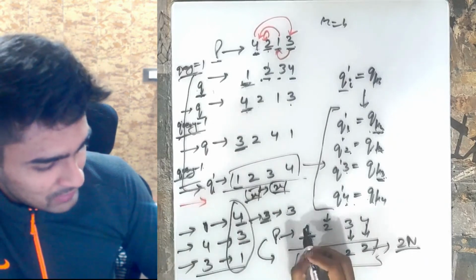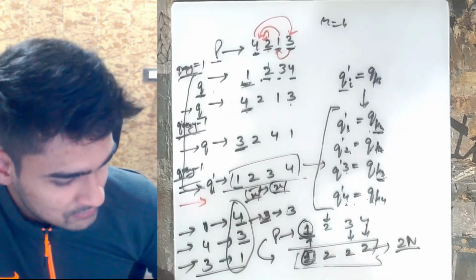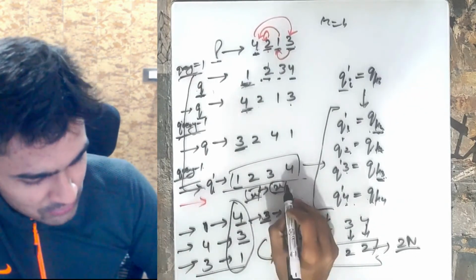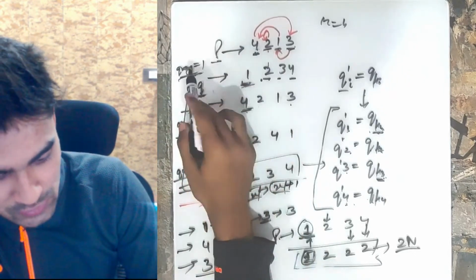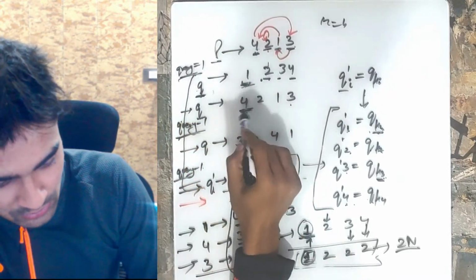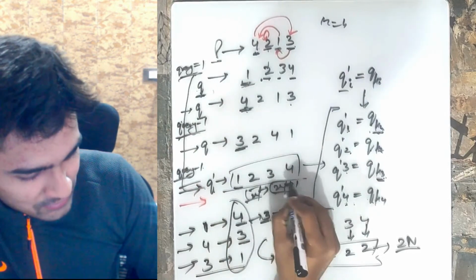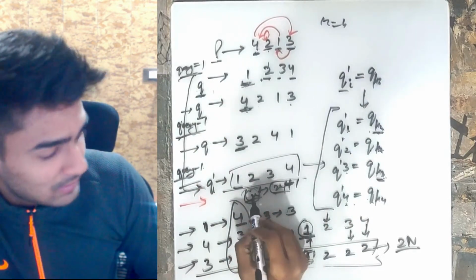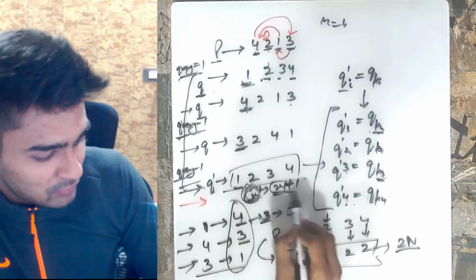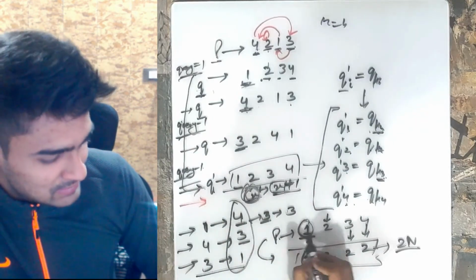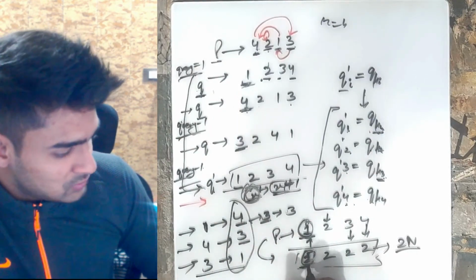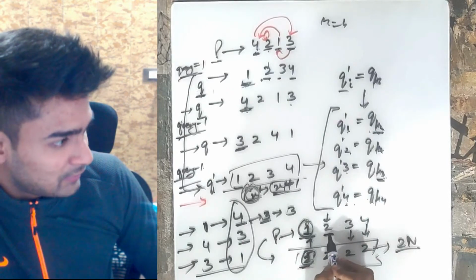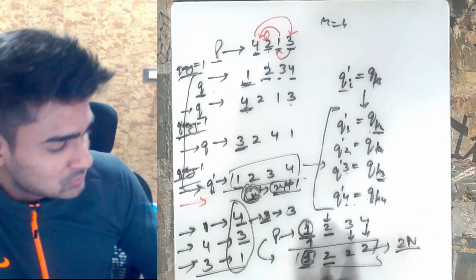But if it is 1, then we have to make 2 queries. I think it should be x plus 1, because for the very first query, we got this one. Yeah, it should be x plus 1. So for a cycle of x integers, we have to make x plus 1 queries. So if x equals 1, then we have to make 2 queries only. And since 2 has a cycle of itself, that means x again is 1, therefore 2 queries.